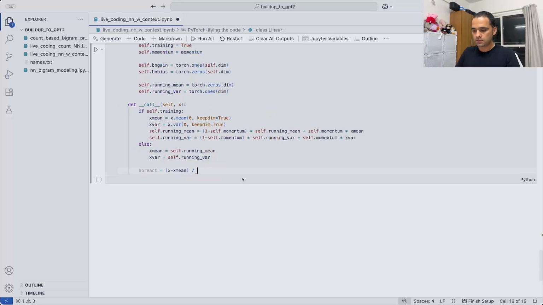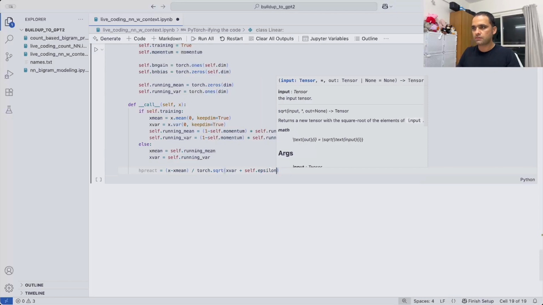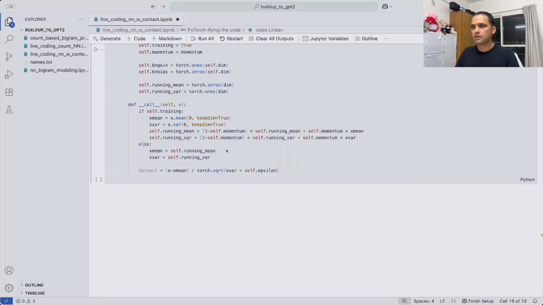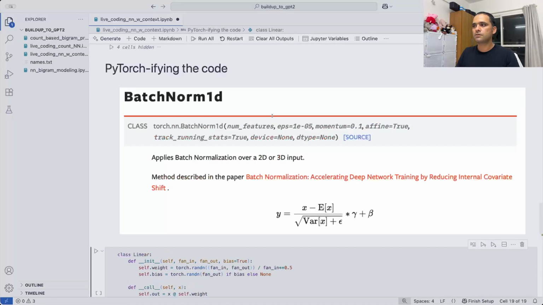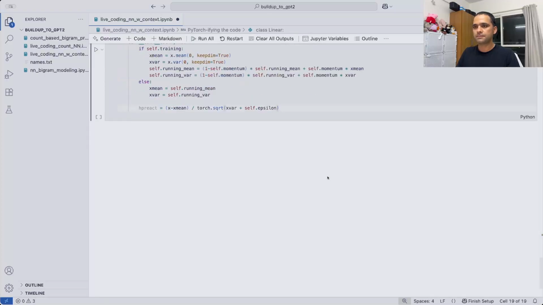So we'll do the same: torch.sqrt of x variance plus self.epsilon, and this would also be multiplied with the gain and offset with the bias.